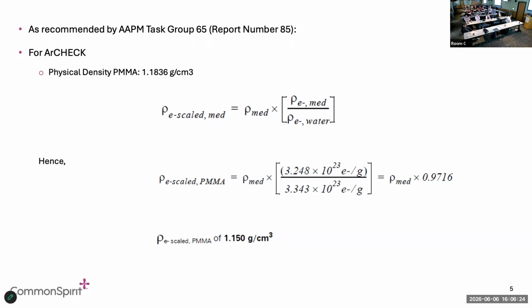So for non-human tissue, in this example PMMA, we use the mean mass attenuation coefficient ratio of the 2 different items, which you can get from NIST XCOM or something like that. And then we get 0.97. So it turns out that the scaled density as a starting point is 1.15, relative to water, of course.